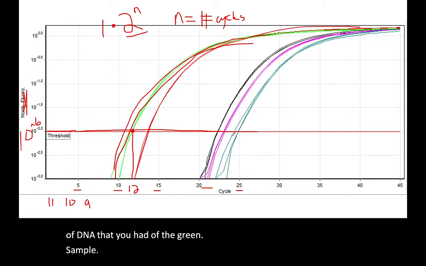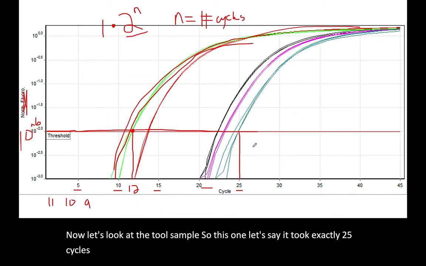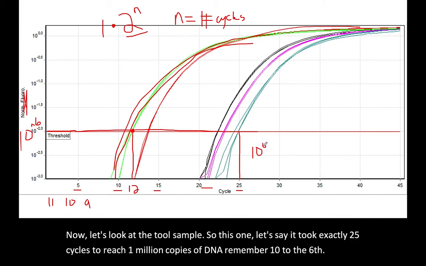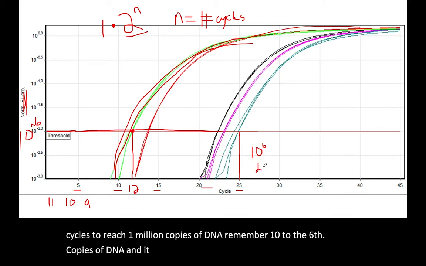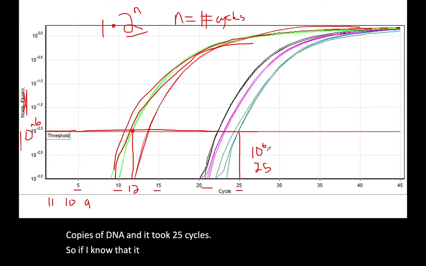Now let's look at the teal sample. Let's say it took exactly 25 cycles to reach 1,000,000 copies of DNA. So remember, 10 to the 6th copies of DNA, and it took 25 cycles. If I know that it doubled every time, at 25 cycles, I have 1,000,000. At 24 cycles, I have 500,000.